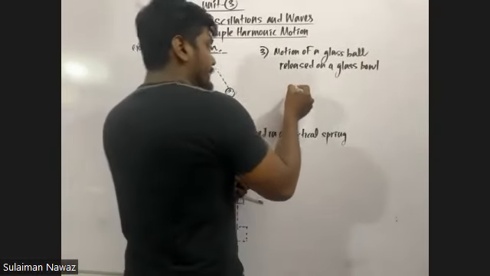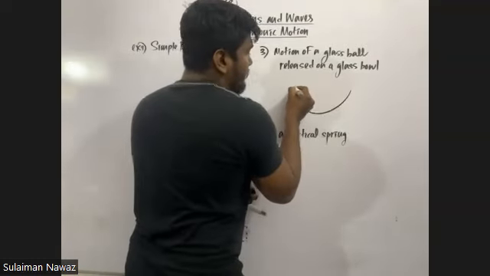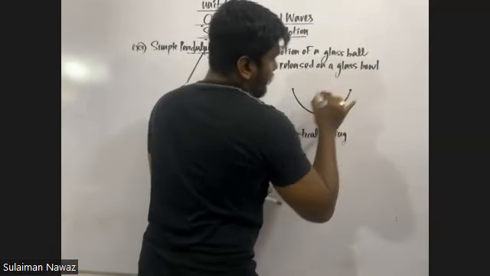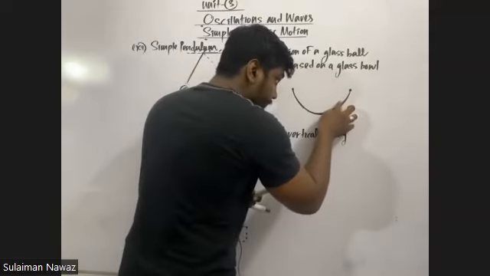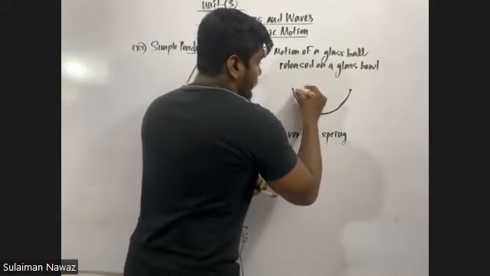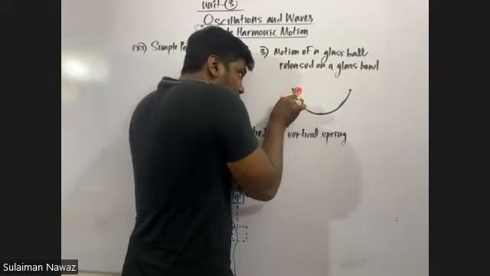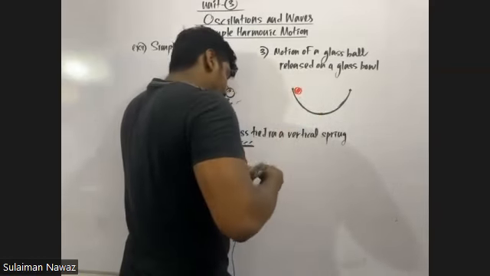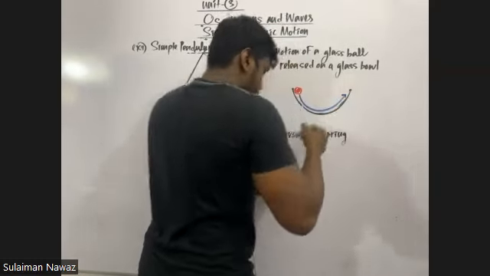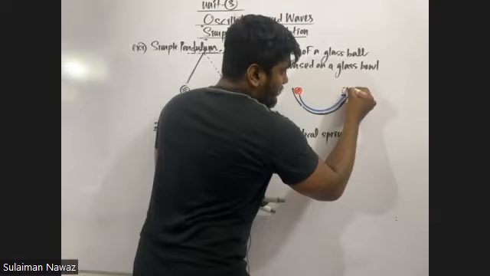Now look here. Let's consider a glass bowl, something like this. Now let's consider there is a ball. Initially that ball is somewhere here, exactly at this corner. When you release this ball, what would happen? This ball keeps on moving like this and reaches a maximum position somewhere here.